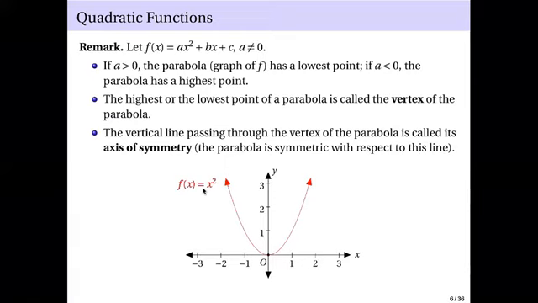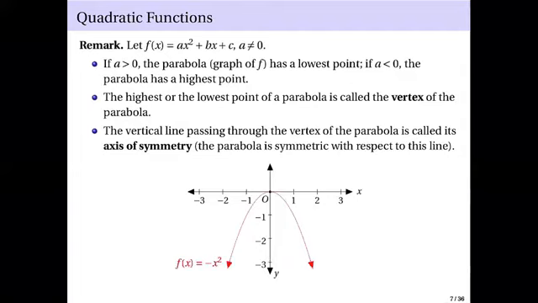So a greater than 0, a here is 1. We have a lowest point. If a is less than 0, in here you have f of x equals negative x squared. So a here is negative 1. So again, it opens downwards because a is negative.